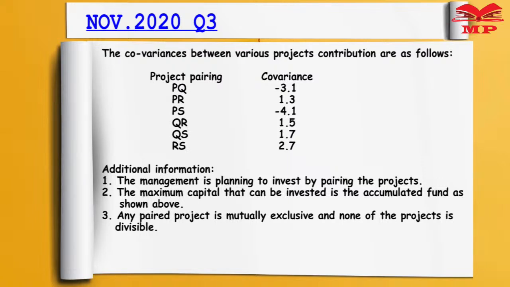Additional information. Number 1, the management is planning to invest by pairing the projects. Number 2, the maximum capital that can be invested is the accumulated fund as shown above. Number 3, any paired project is mutually exclusive and none of the projects is divisible.